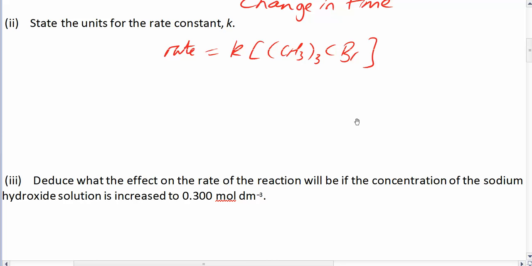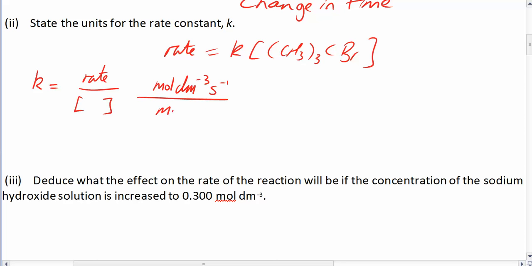Let's rearrange that equation so we can get K. K is going to be equal to the rate over the concentration. The units of rate are moles per cubic decimeter per second, and the units of concentration here are moles per cubic decimeter.